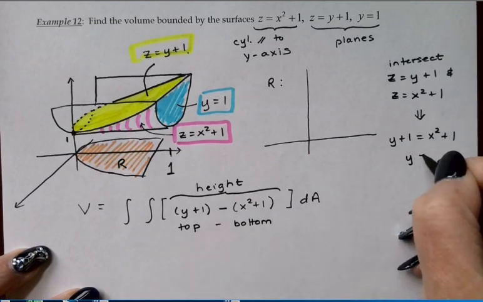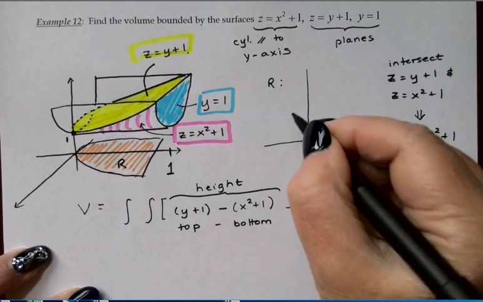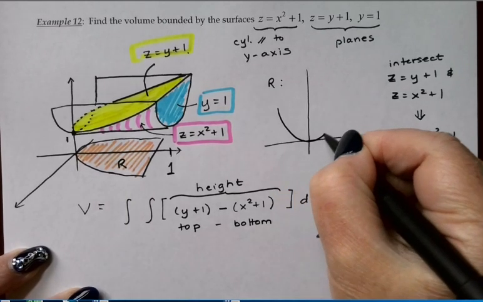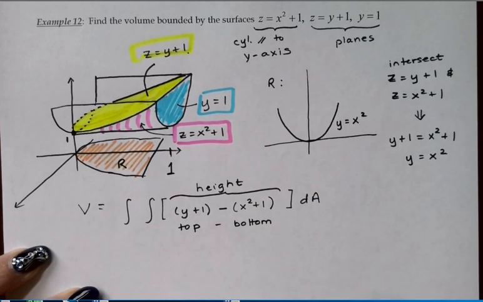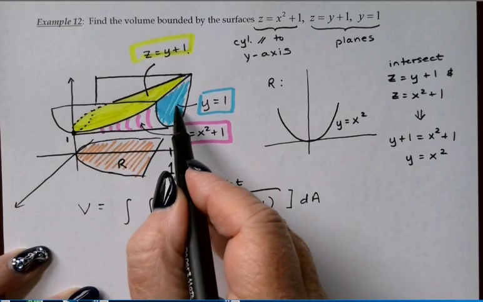Which just gives me y equals x squared, a really nice simple equation. And then y equals 1 is what formed the end of it.